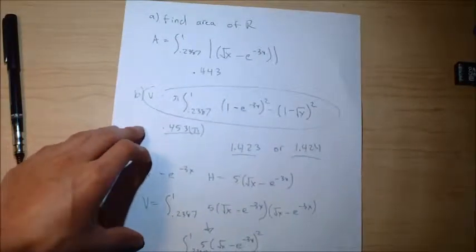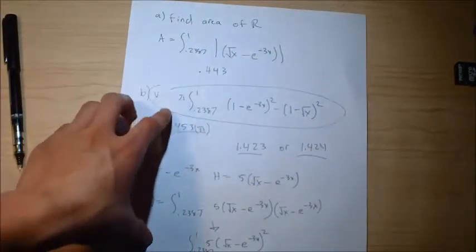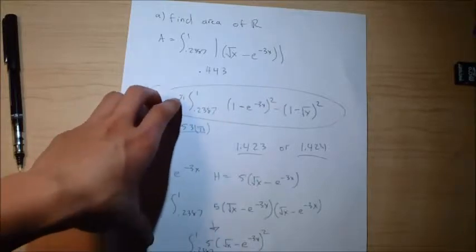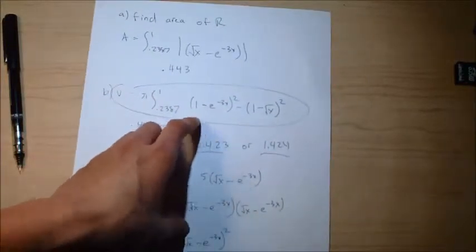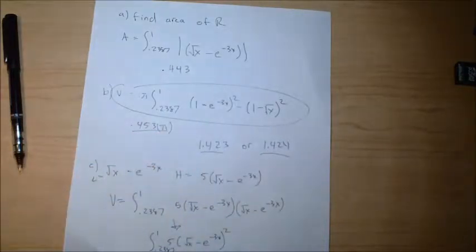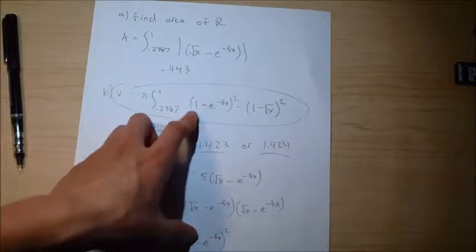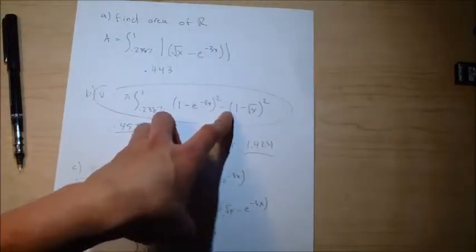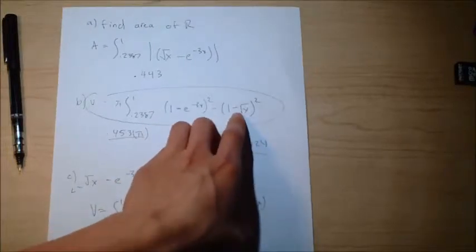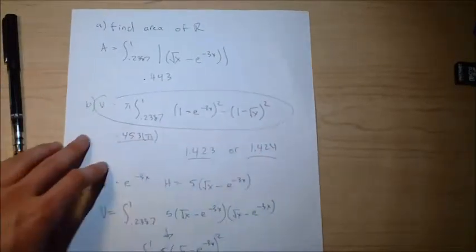I set this up the same way using an integral, with pi on the outside, and your b and your a. Because you have to rotate around the line y equals 1, you include a 1 here and subtract this function, squared, minus the other function, squared.